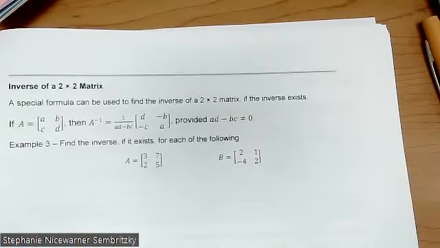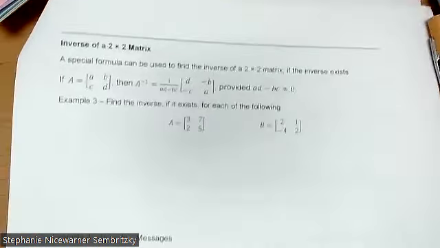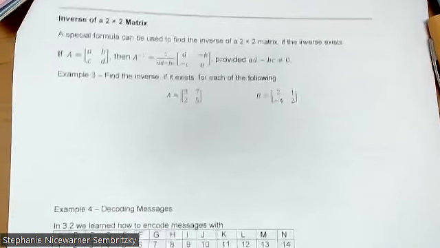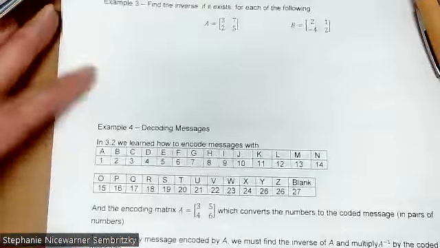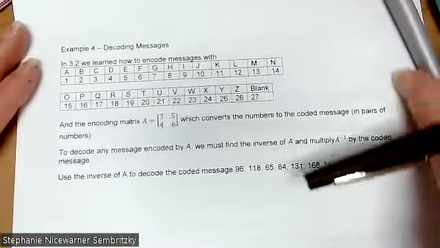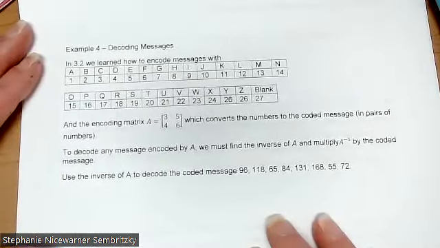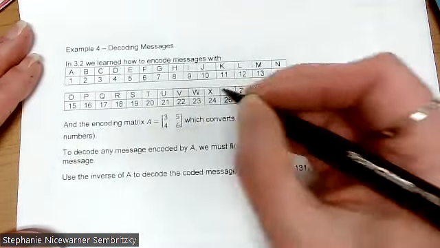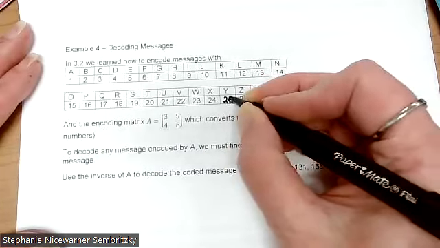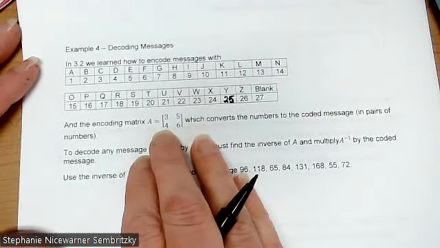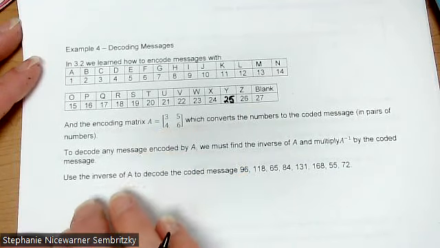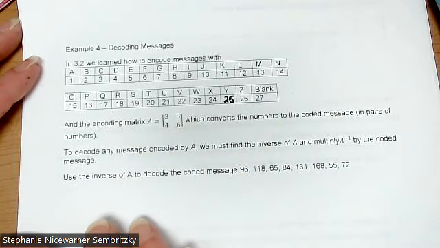Now, there is also a way to do it by hand, but we are not going to worry about that. So remember when we had the lesson with the secret code, which, by the way, this should be a 25. It's a typo. And we had used the encoding matrix A to convert pairs of numbers to be a matrix.